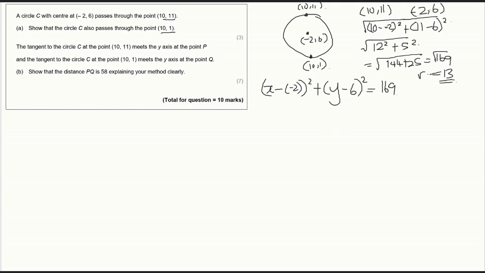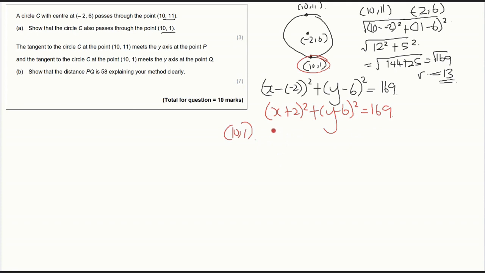And if it passes through another coordinate, which is (10, 1), what I can do is sub in here (x + 2) squared plus (y - 6) squared equals 169. I take x = 10 and y = 1, sub inside, and see if I'm getting 169.